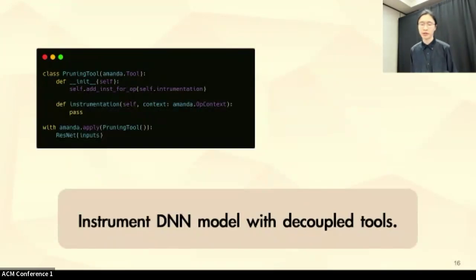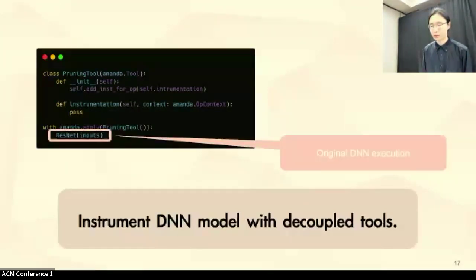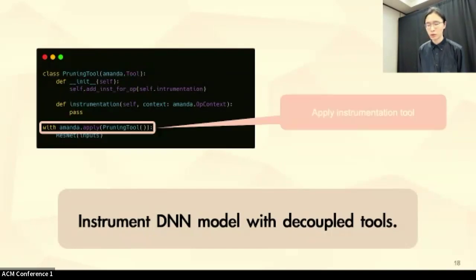So here is an example. For example, we have a pruning tool, and it is applied to a ResNet. And first, we have the original DNN execution code, which is very simple here. We just call the DNN model with a given input. And to apply an instrumentation tool, we have to use the Amanda.apply interface. So this one is decoupled from the original DNN model execution.